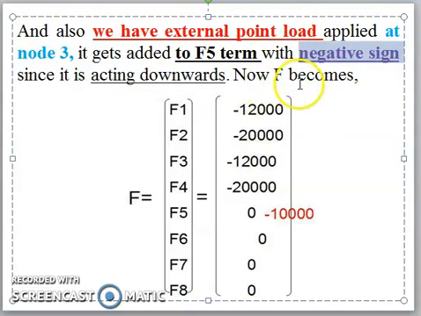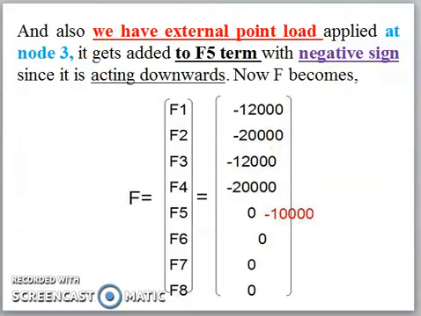Now F becomes F1 to F8: 12 20 12 20 0 minus 10,000, because at node 3 it is an external point load acting downward, so I have taken it as negative.